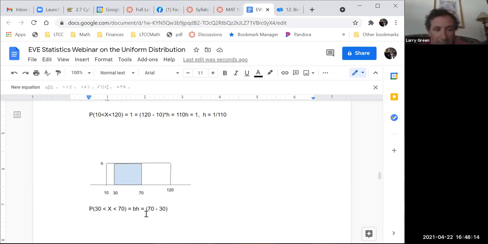So we have base times height. The base is 70 minus 30. What's the height? The hint is we just spent some time trying to get the height. So what's the height? Height's not 40.